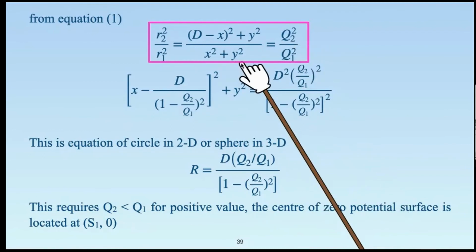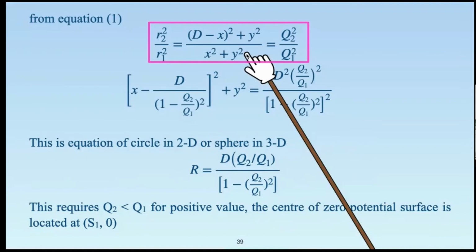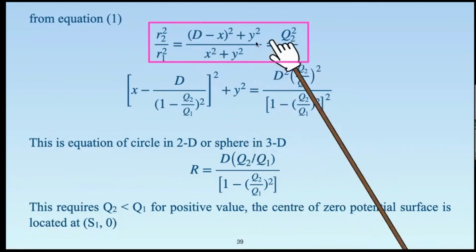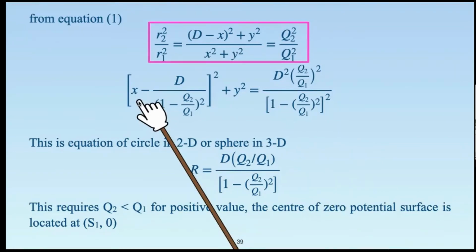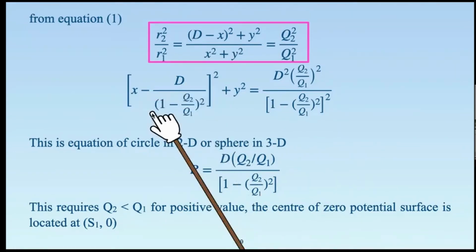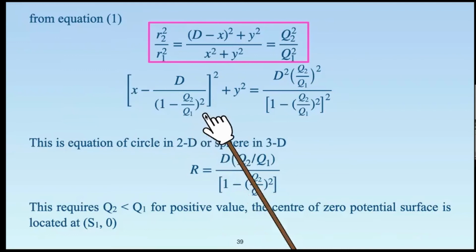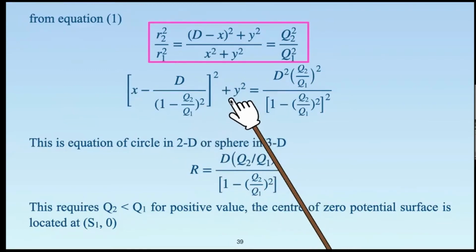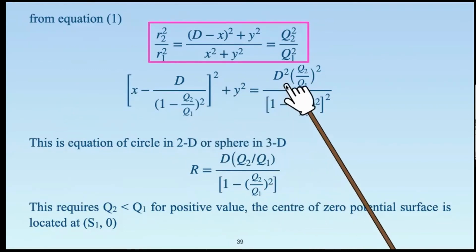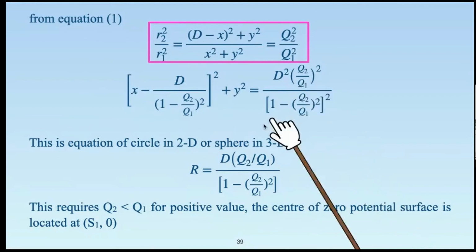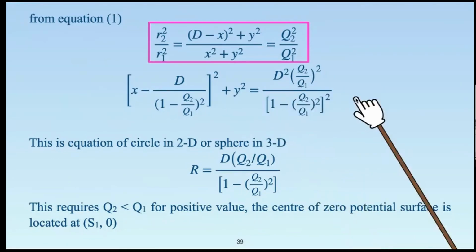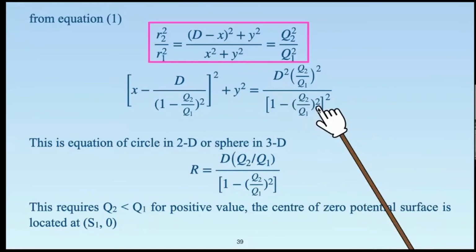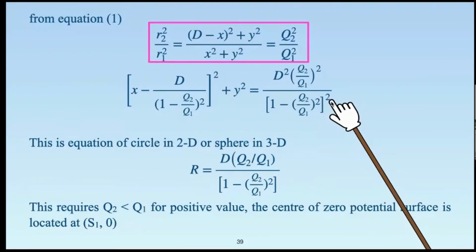So what is done is that we try to adjust this equation in such a manner that we get a standard form in terms of x, y. So the equation is expressed as (x minus d upon 1 minus q2 upon q1) whole square plus y square is equal to d square (q2 by q1) whole square upon (1 minus q2 upon q1 square) whole square, right?